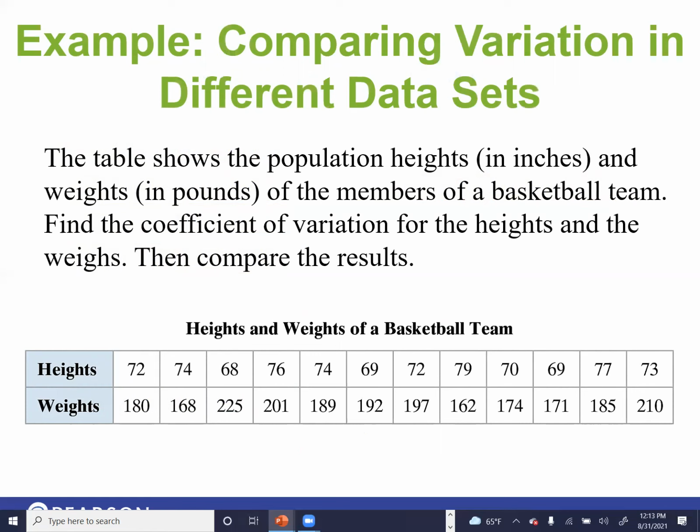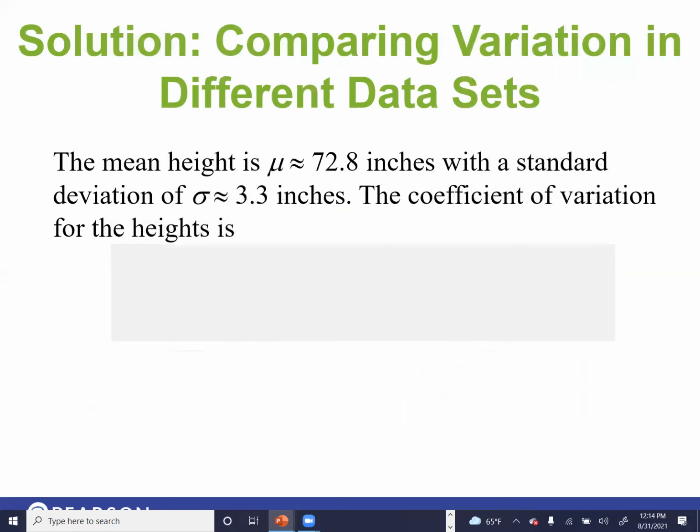So how many players are on the basketball team? There are 12 players on the basketball team, right? We look at their heights and their weights. The question is, how much spread is there in the heights of these basketball players and how much spread in their weights? Which one has more variation?